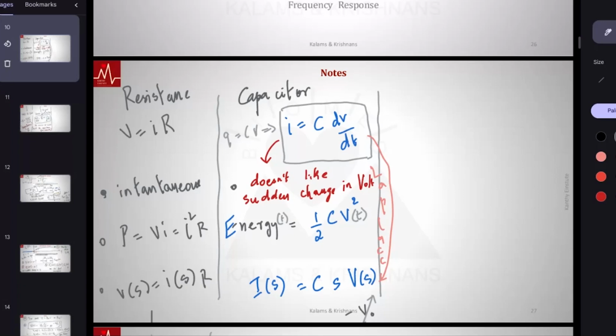I will design a circuit that will violate Kirchhoff voltage law. Things like that don't happen. Certainly in our undergraduate linear realm, if voltage suddenly changes, dV by dt is infinite, slope is infinite, current is infinite.